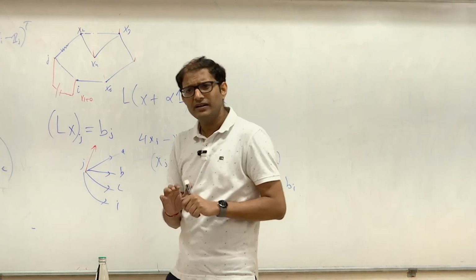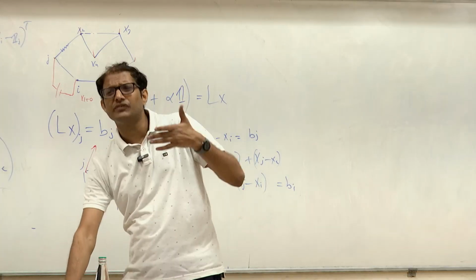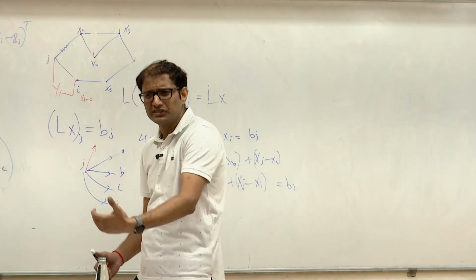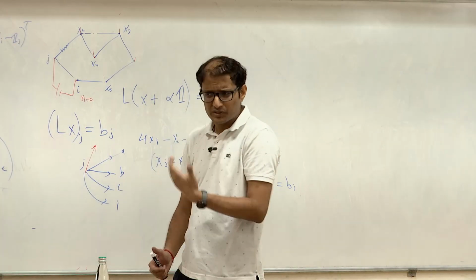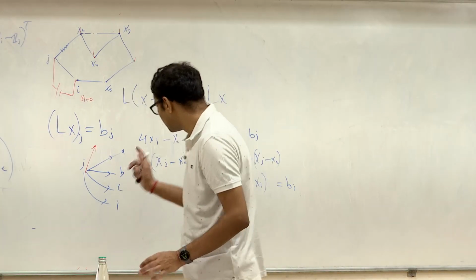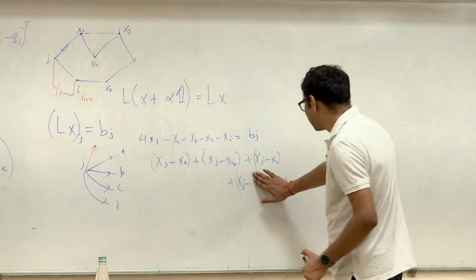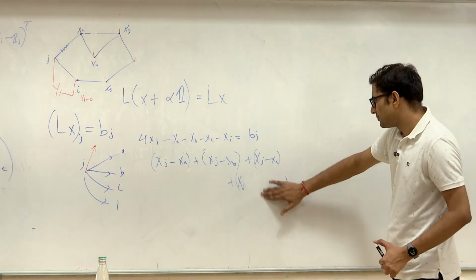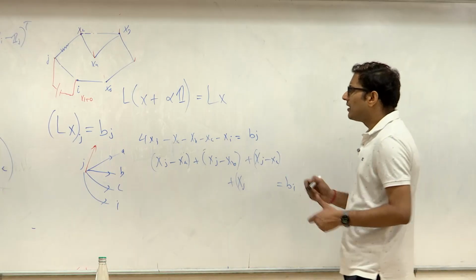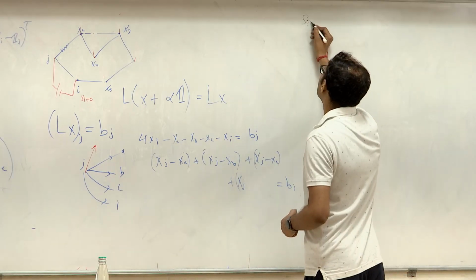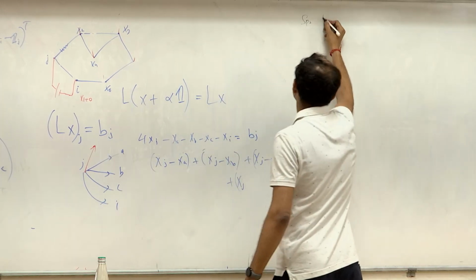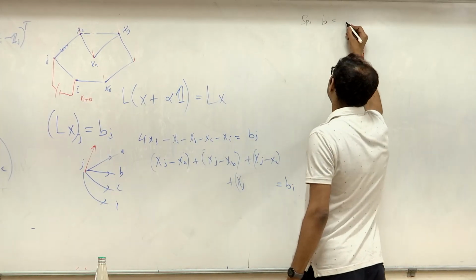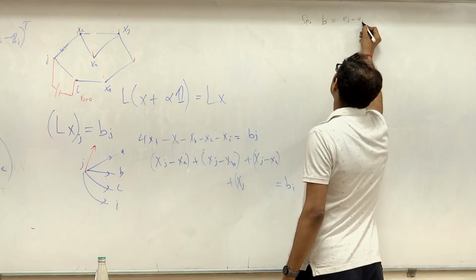Potentials can be shifted by anything, so I might as well shift the potentials to make sure that xi is at 0 potential, and I can do computations with respect to this situation. So xj minus xi becomes this thing, and suppose the vector b on the right hand side is ej minus ei.